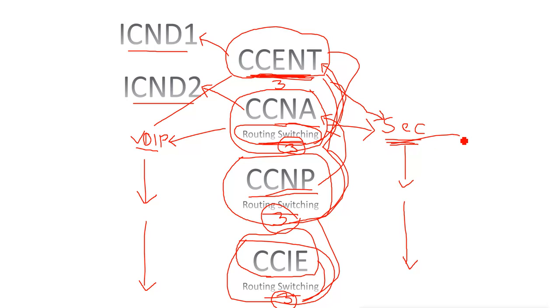And for the security part, you cannot do Cisco CCNA Security until you have completed CCENT. If you want to directly give CCNP Security, then you have to at least complete CCNA in routing and switching. So these are the certification paths for your Cisco global certifications.